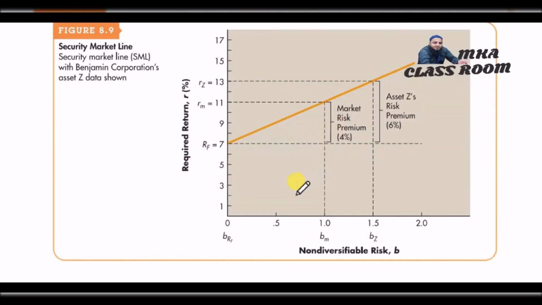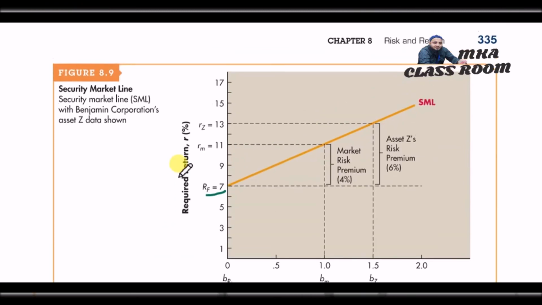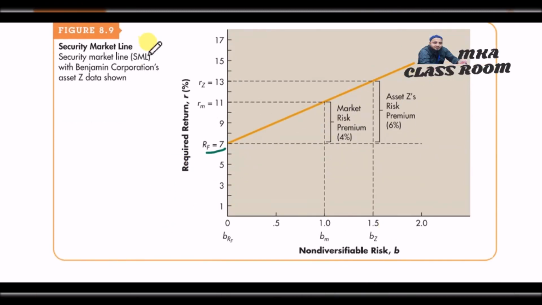From these examples we will clearly see this SML. We have the 7% risk-free rate, here is the 7%. The x-axis has the beta and the y-axis has the required rate of return. So 7% is our risk-free return. After that, whenever beta is 1, it is the market return. So it is clear that the market return is 11%, which means it has a beta of 1.